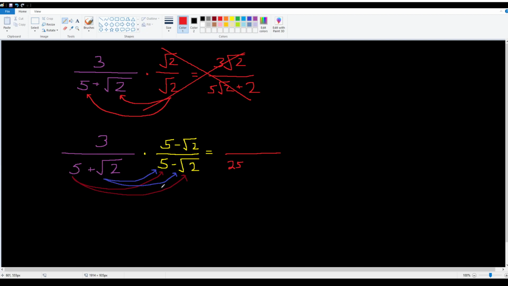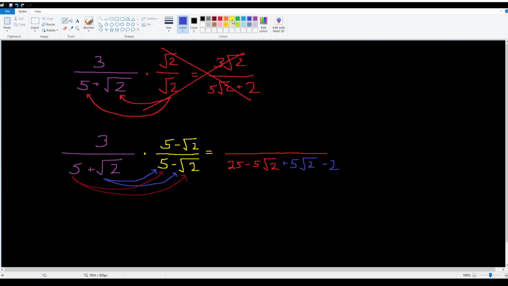When I take 5 and multiply it by minus square root of 2, I get minus 5 square root of 2. When I take the square root of 2 and multiply it by positive 5, I get plus 5 square root of 2. And when I take square root of 2 times minus square root of 2, I get minus square root of 4, which is just minus 2.